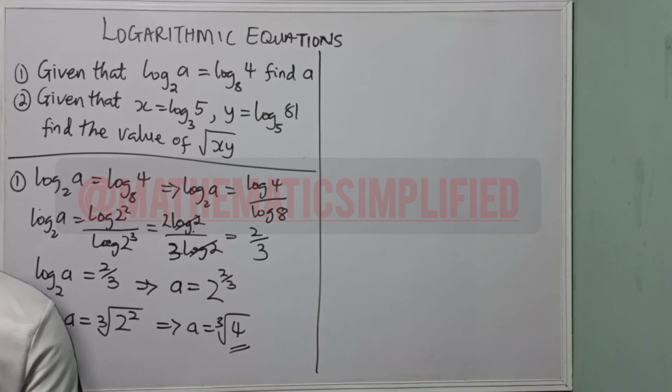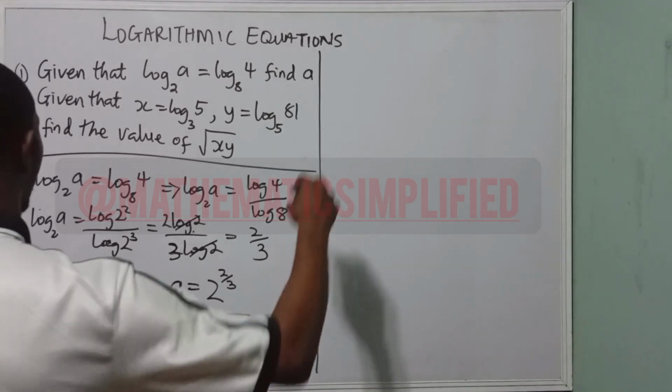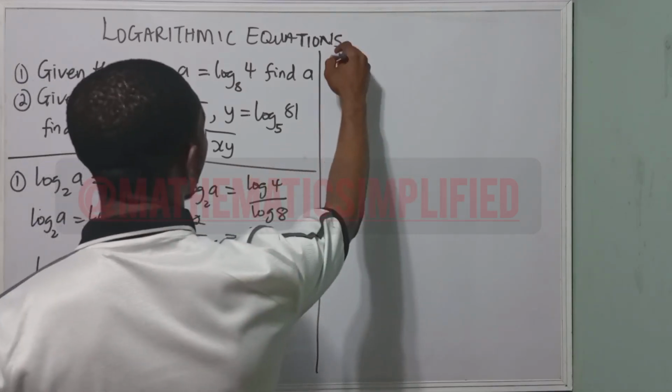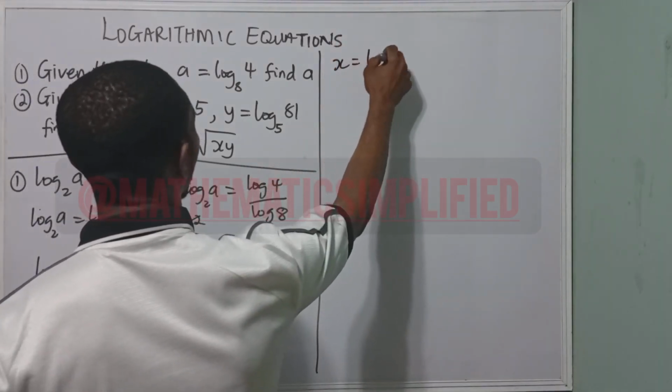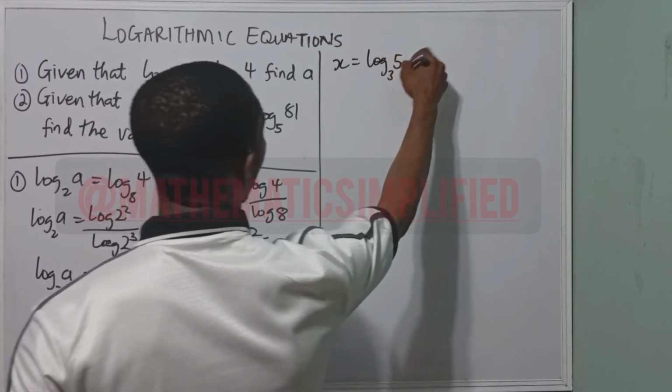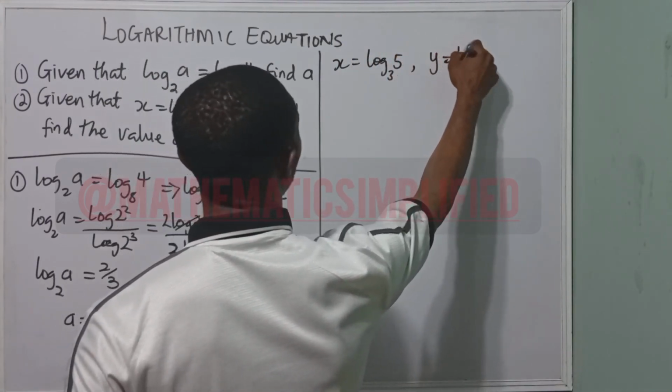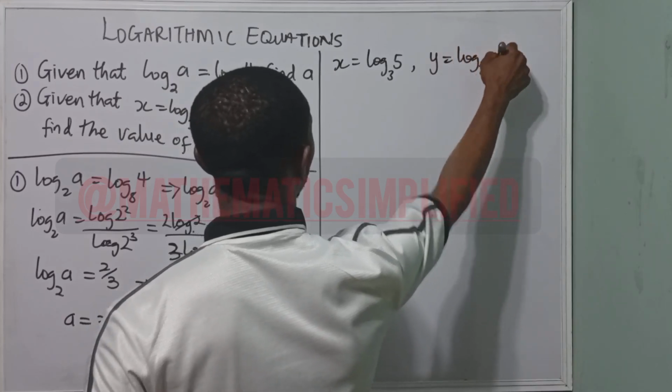Now, to the second one, where we have x equals log₃5 and y equals log₃81.